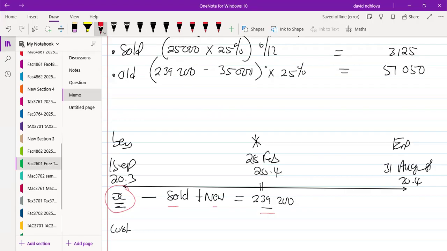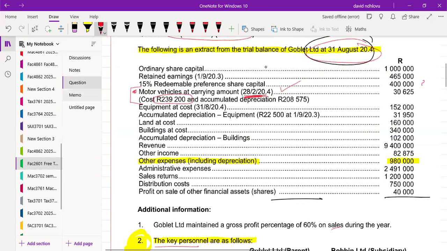Yes, I'm still with you. All right, so I'm saying so and assuming as such because I already have this date here. Right, they were very deliberate. They gave you the motor vehicle at its carrying amount on that day, which is the date of sale. So it means at that date, we would have already acknowledged by deducting the vehicle sold and acknowledged the new vehicle by adding it.